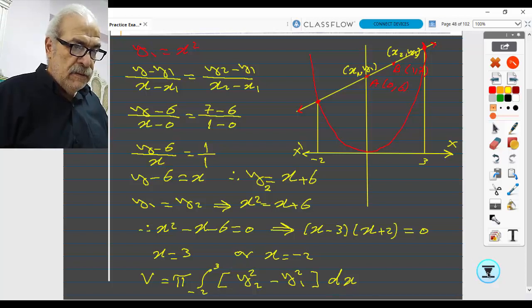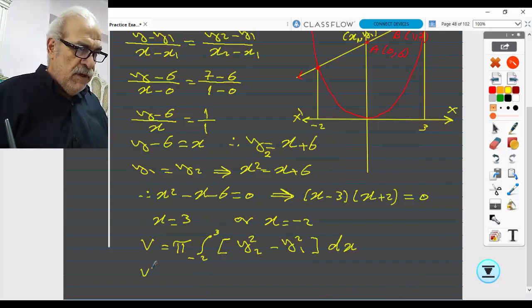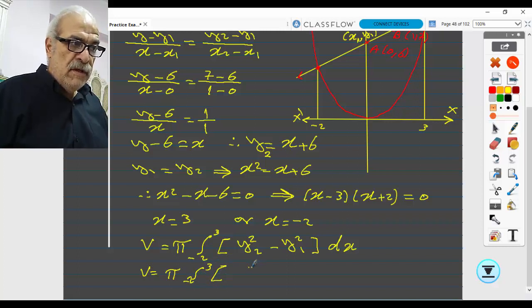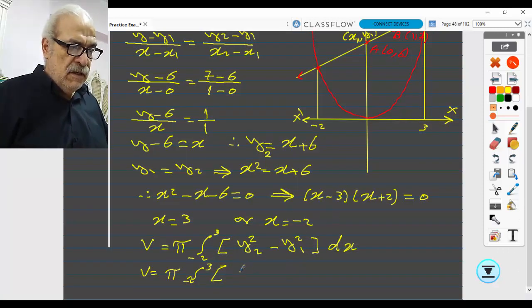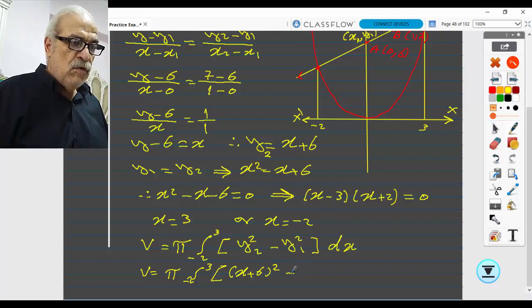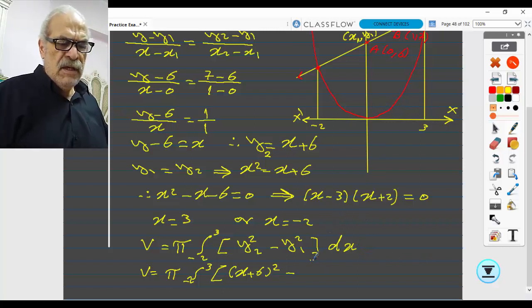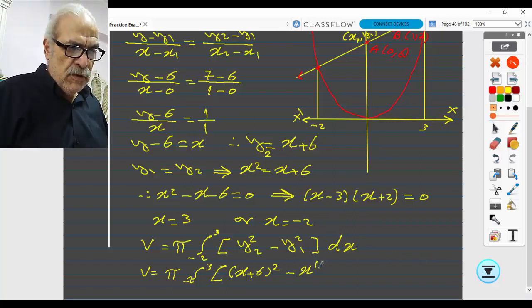Okay. So the volume V equals pi integration from -2 to 3 y2 square. y2, it is the equation of the straight line. It will be (x plus 6) all square, okay, minus y1 square. y1, it's equation x square, so it will be x power 4.